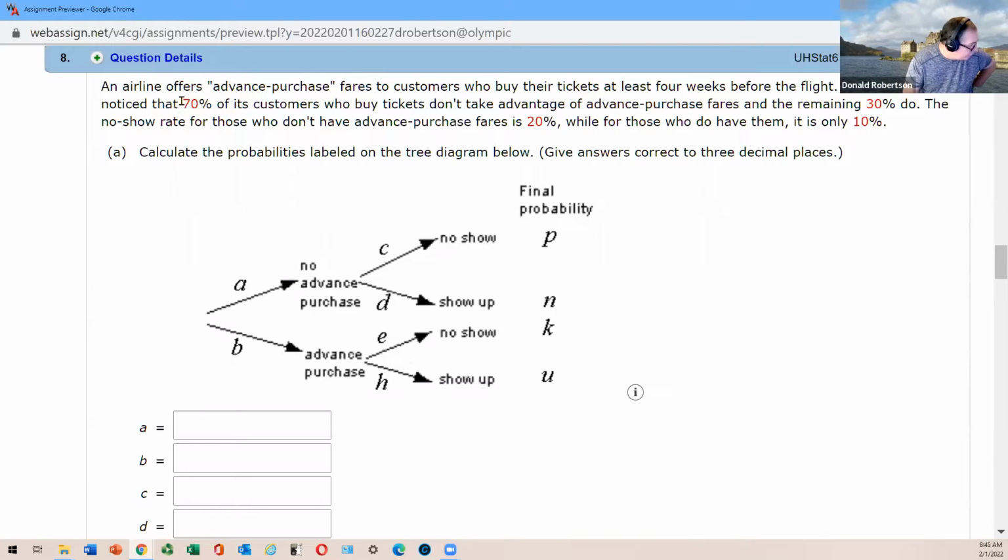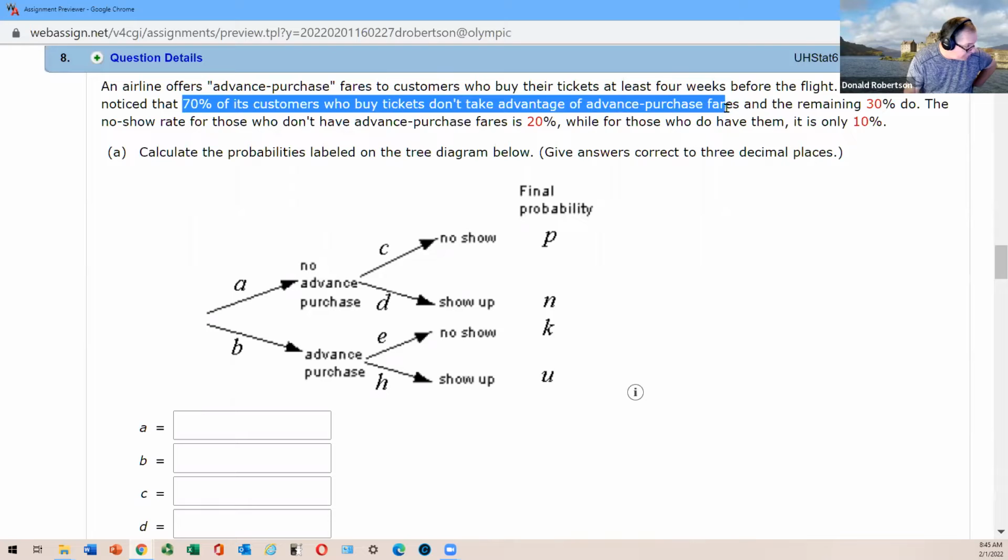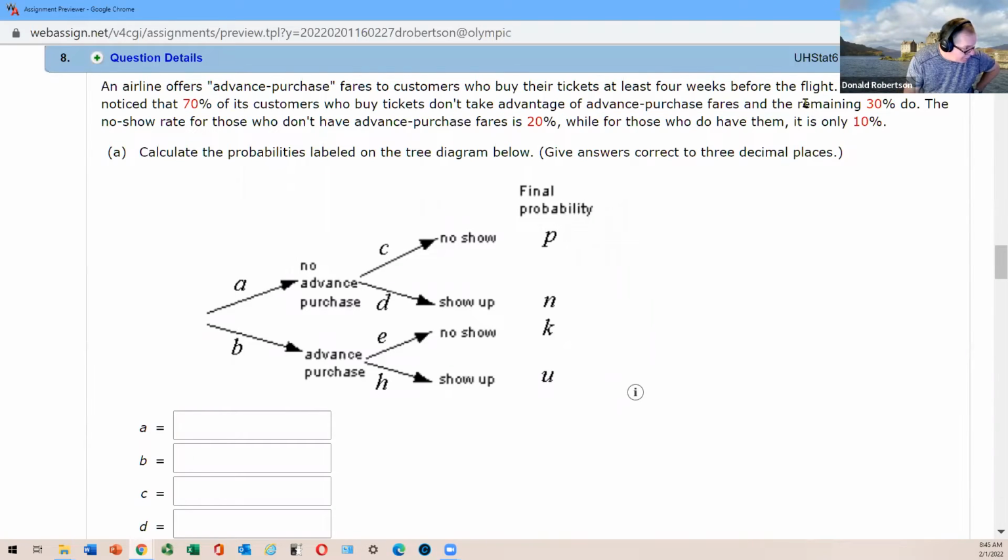The airline has noticed that 70% of its customers who buy tickets don't take advantage of the advanced purchase fares. In other words, they buy a ticket in a relatively short time interval. But the other 30% do, which makes sense.